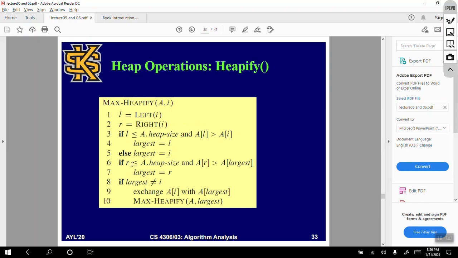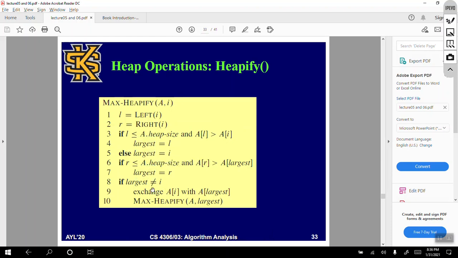So if the left element is greater than the root, we consider the left element the largest. Otherwise, if the right element is greater than the largest, we consider the right element the largest.